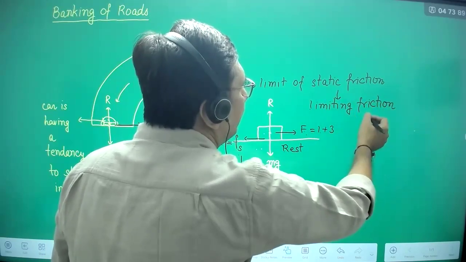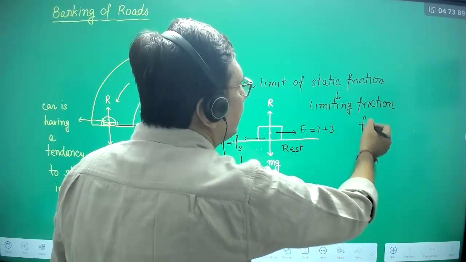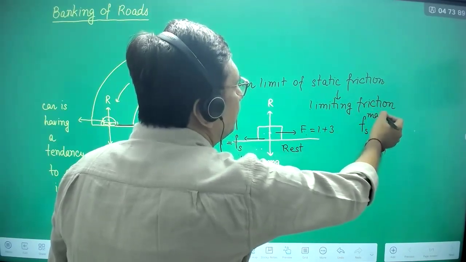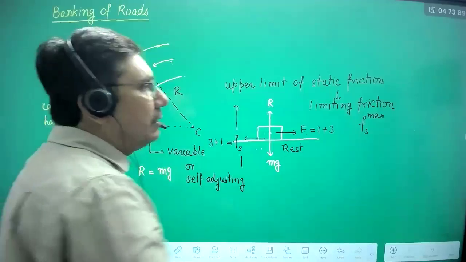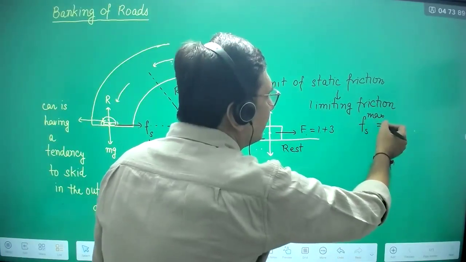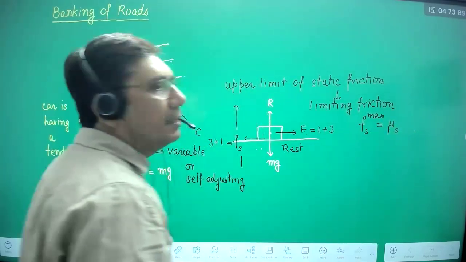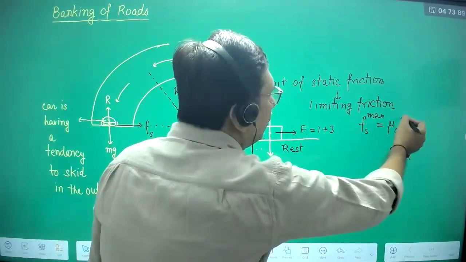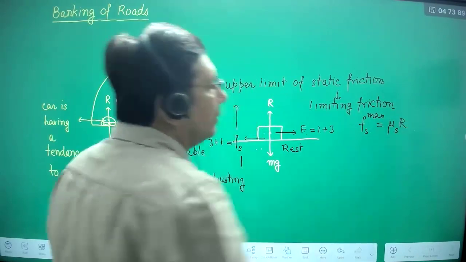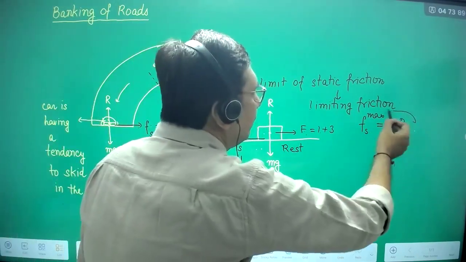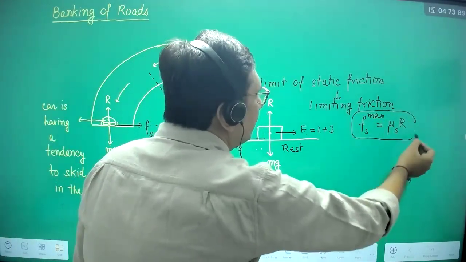You represent it by Fs maximum. And what will be the value of this Fs maximum? That will be mu s, the coefficient of static friction, into the normal reaction R here. So this is the maximum value of static friction.